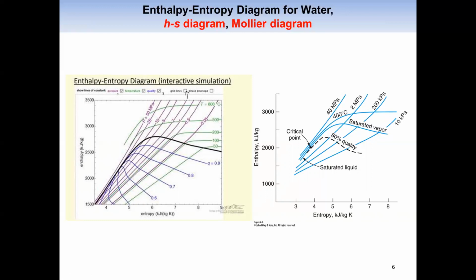So the next thing we're going to ask ourselves: why is this diagram so useful? The reason is because entropy and enthalpy are state functions. Once we are given the fluid, like this diagram is for water, if we are given their temperature and pressure, we can read their properties from the diagram directly.